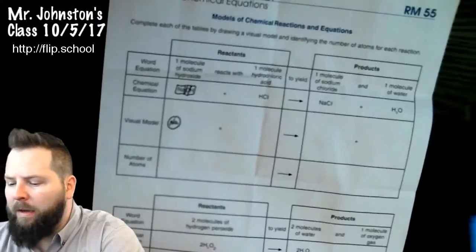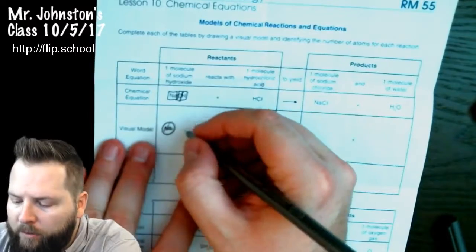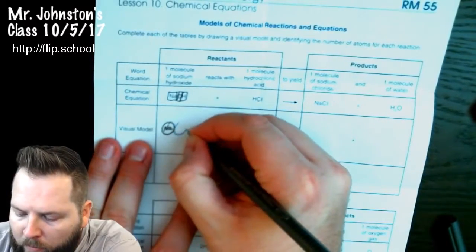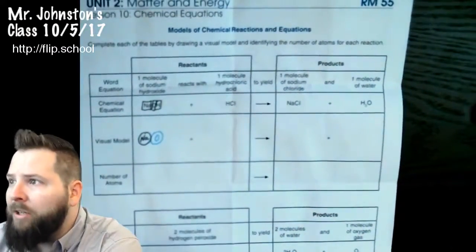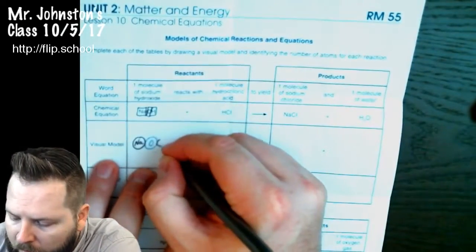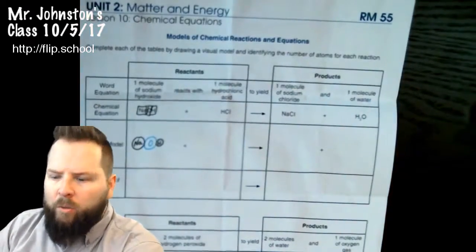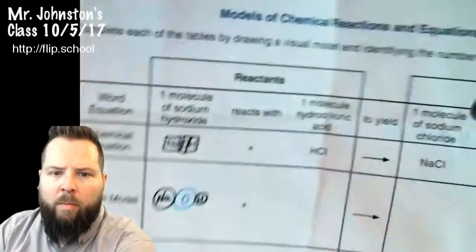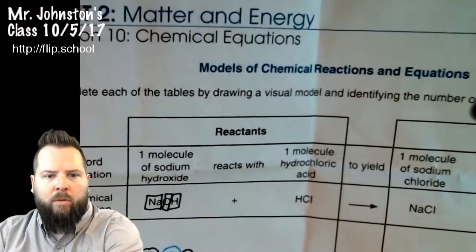So I'm going to do the O, and I'll do that with blue. Okay, and then I have to do an H, and I'll do that in gray. So there I have my molecule of sodium hydroxide. Okay, one molecule of sodium hydroxide.